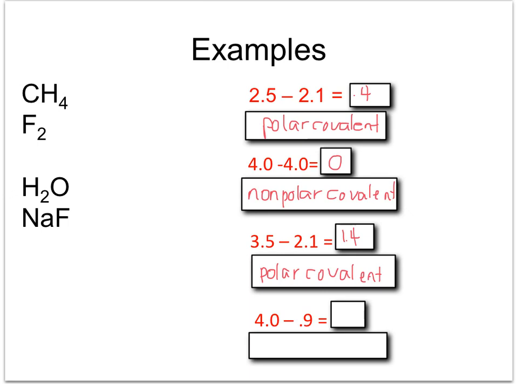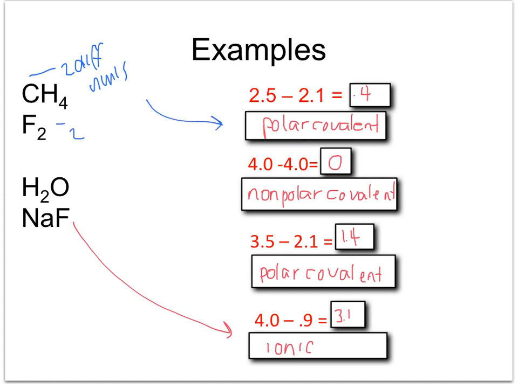And the last one is NaF, and that is fluorine 4.0 minus sodium 0.9 to give us 3.1 as the electronegativity difference, which is going to be classified as an ionic bond. On a side note, notice that CH4 is two different nonmetals, which we would have predicted to be polar covalent.